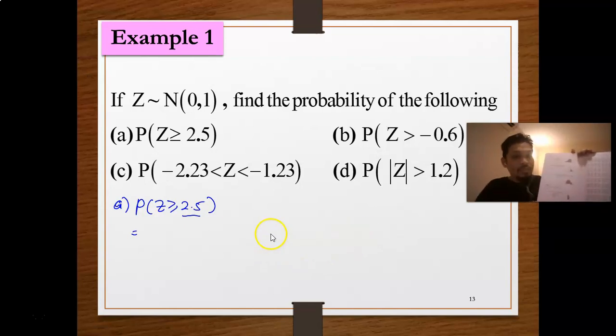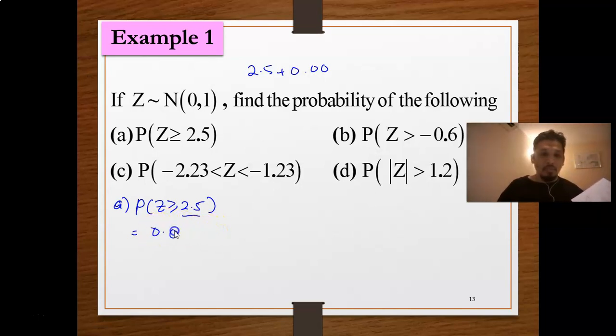According to how we read this book, it is 2.5 plus 0.00, because 2.5 plus 0.00 is 2.5. So 2.5 here, and then refer to 0.00. We intercept with 0.00 here. It gives you 0.00621.